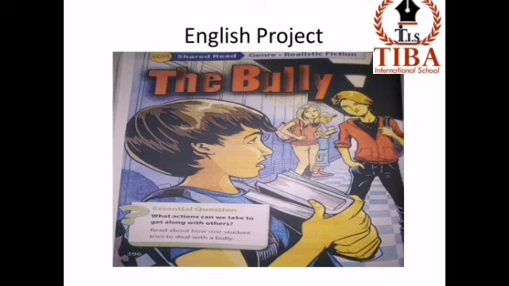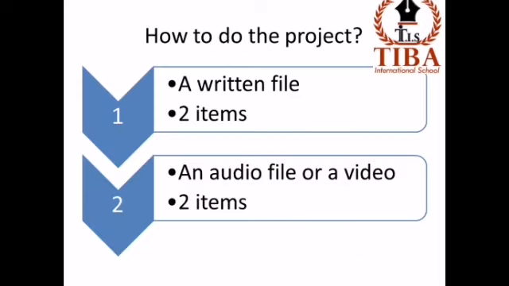After you read the story, we're going to talk about how to do the project. Now, as you can see in front of you on the screen right now, the project is divided into two parts. A written file and an audio file or a video. What does this mean?